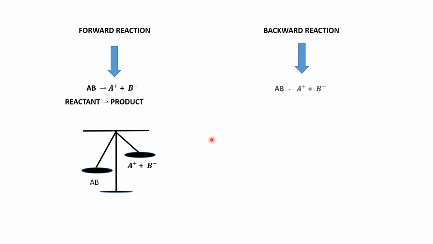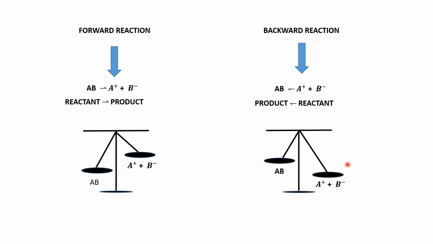The example remains the same, but the difference here is the sign. The sign is a half arrow directed backwards. Here the reactants are A plus and B minus, and the product becomes AB. This is a backward reaction because it follows the backward path. Here the concentration of A plus and B minus was more as compared to the product AB.